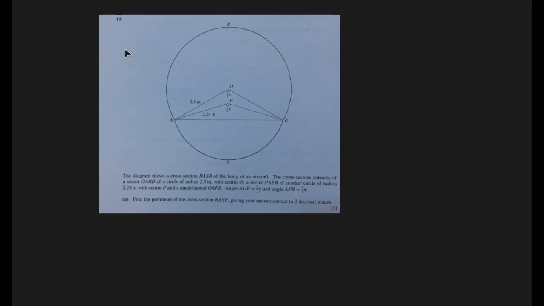Okay, we have one circular measure question now. The diagram shows the cross section of the body of an aircraft. The cross section consists of sector OARB, this big one, and these two lines.